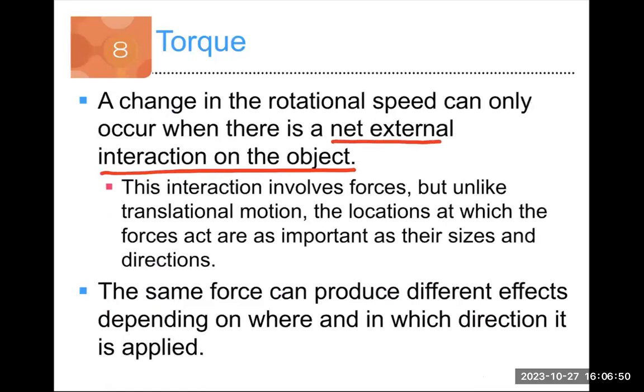But unlike what we talked about with translational motion, now the location at which the forces act is as important as their sizes and their direction. So what we're saying is the same force can produce different effects depending on where and which direction it's applied.